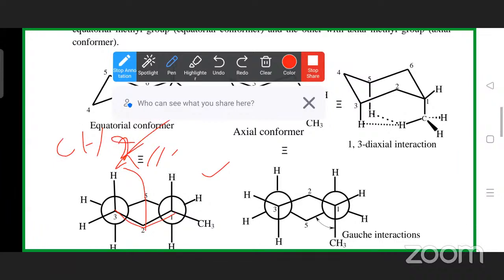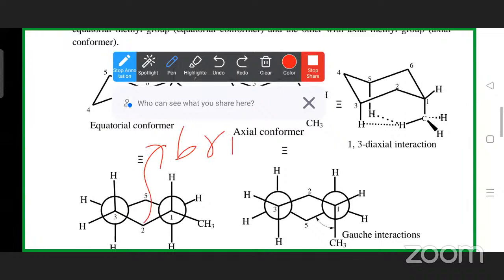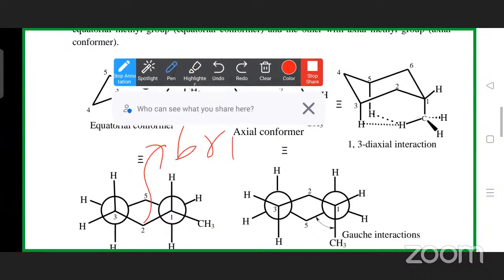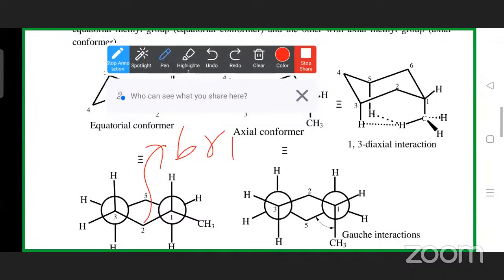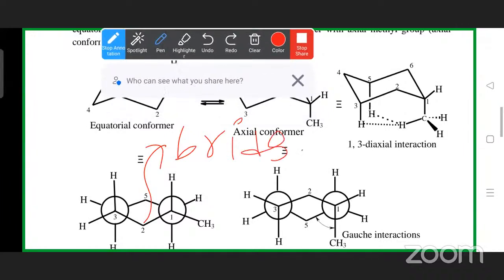This is the bridge carbon here. And here C2 and C5 are the bridge carbons.